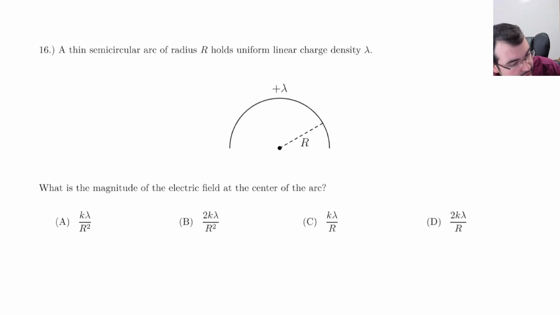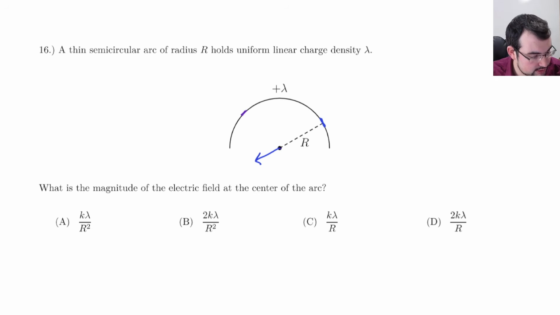All right, a thin semicircle with radius r has a uniform linear charge density lambda distributed along its surface. We want the electric field at the center of the arc. So remember that we think about what the different pieces of the arc are doing. If I look at what this piece of the arc does, that would be a source that way. And if I look at what this piece does, that would be a source that way.